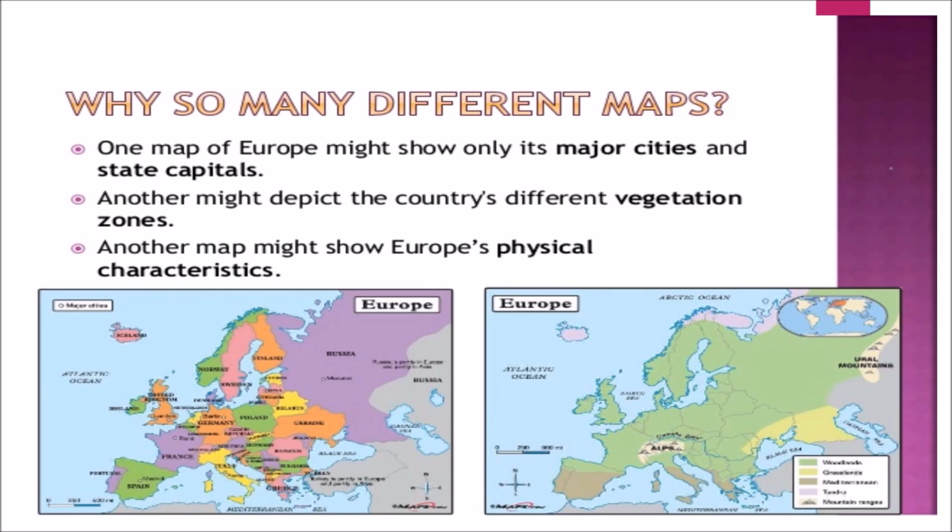One map of Europe might show only its major cities and state capitals. Another might depict, here depict means represent or illustrate, the country's different vegetation zones. Another map might show Europe's physical characteristics.